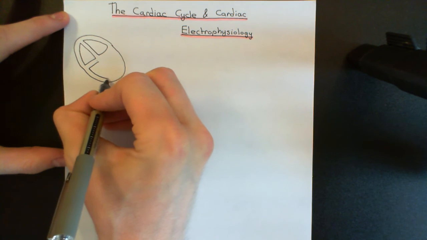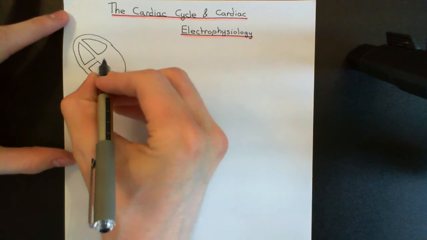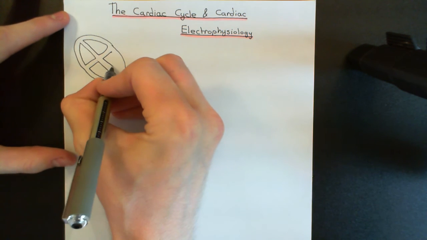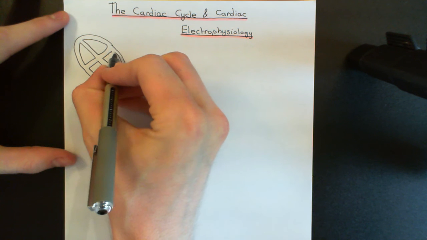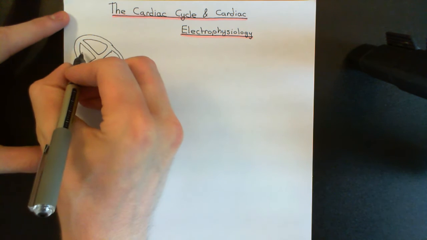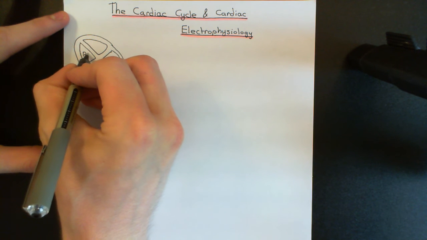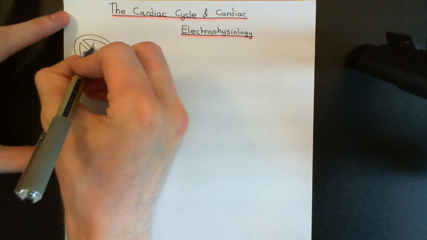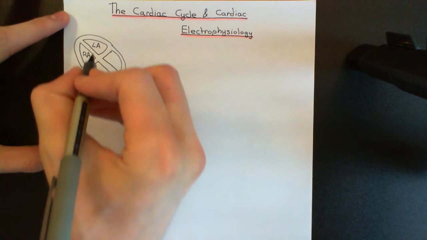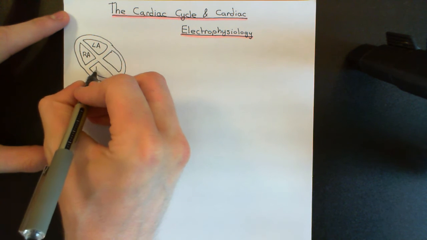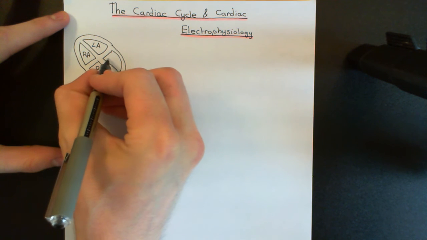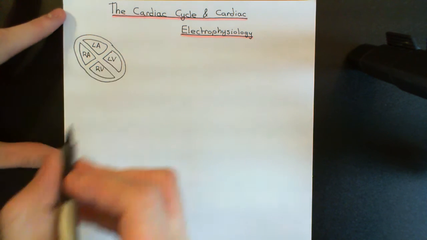Then we'll have the third chamber here, the right ventricle, and a 4th chamber here, the left ventricle, like that. So we'll just label these up: RA for right atrium, LA for left atrium, RV for right ventricle, and LV for left ventricle.